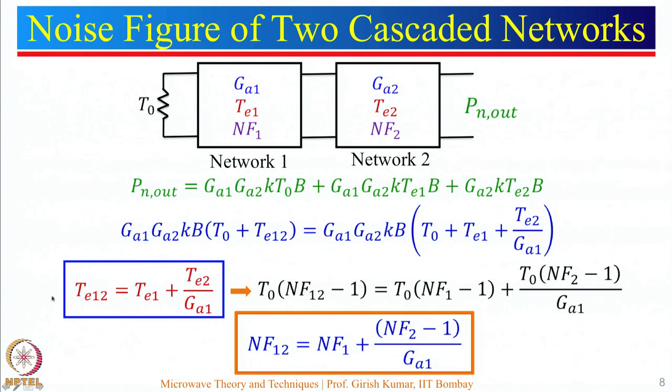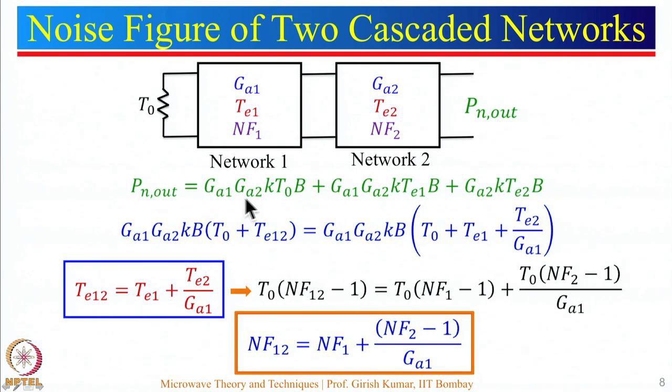This is again a mathematical representation. So, we can say Pn out will actually be represented by one single network. For that single network, what will be the gain? Ga1 multiplied by Ga2, KB, and this will be the total thing which is seen at the input side. The right hand side terms can now be simplified in this fashion.